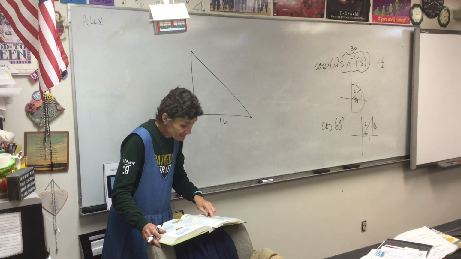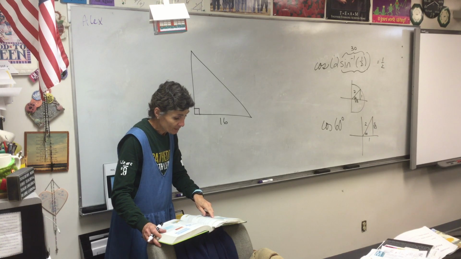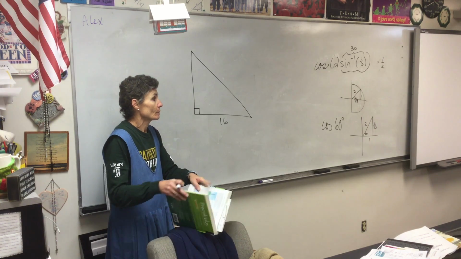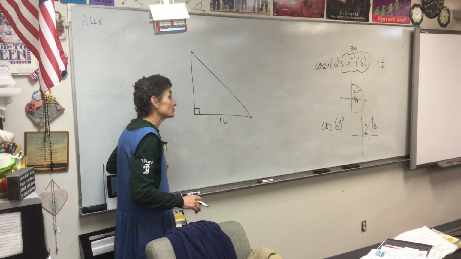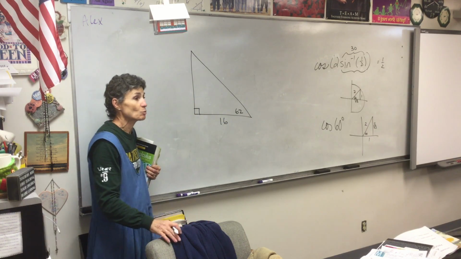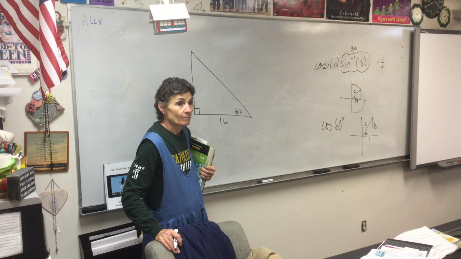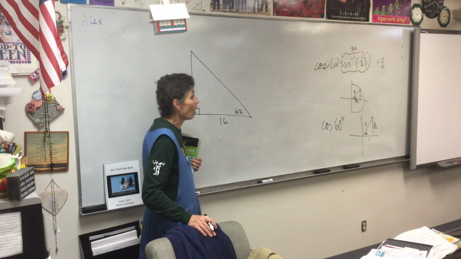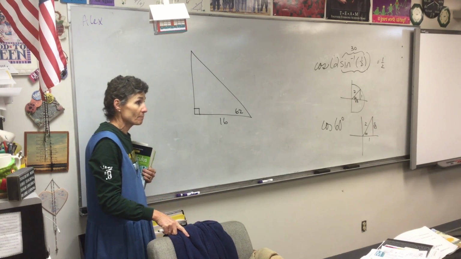All right, the wire makes an angle of 62 degrees with the ground. Where's the ground? Bottom right. There we go. It makes an angle of 62 degrees with the ground. If it said the wire makes an angle of 62 degrees with the pole, then that would be 62, right? You have to pay attention.